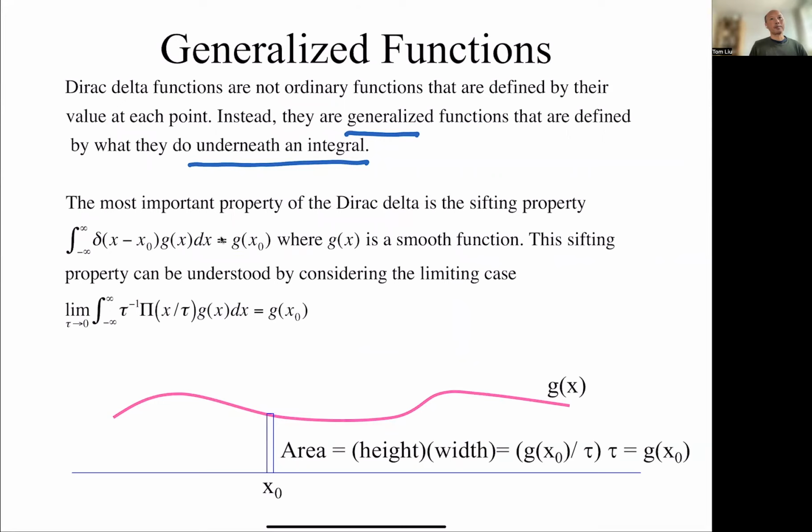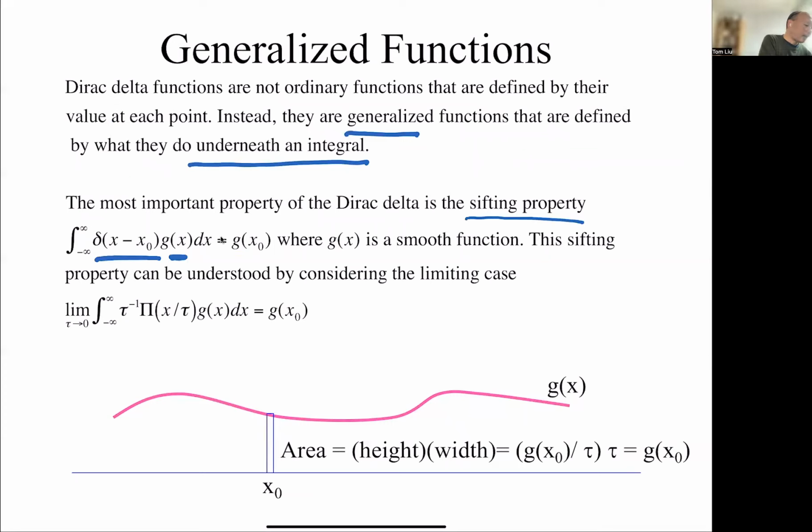Okay. So the most important property of the delta function is what's known as the sifting property. And this is something that Dr. McVeigh mentioned in class. All that means is if I take my Dirac delta function, in this case a shifted Dirac delta function, delta of x minus x naught, and I multiply it by any smooth function. We'll just assume that the functions we're dealing with are smooth compared to the dimensions of the Dirac delta.